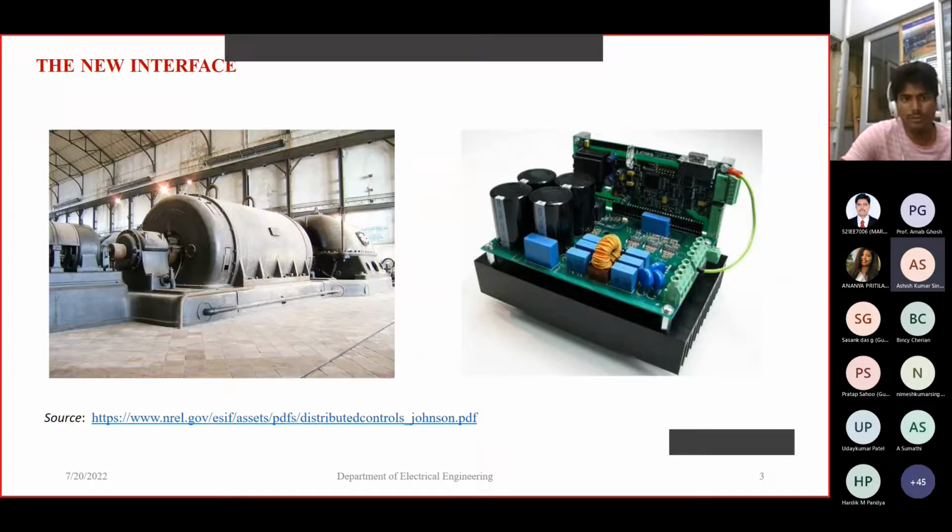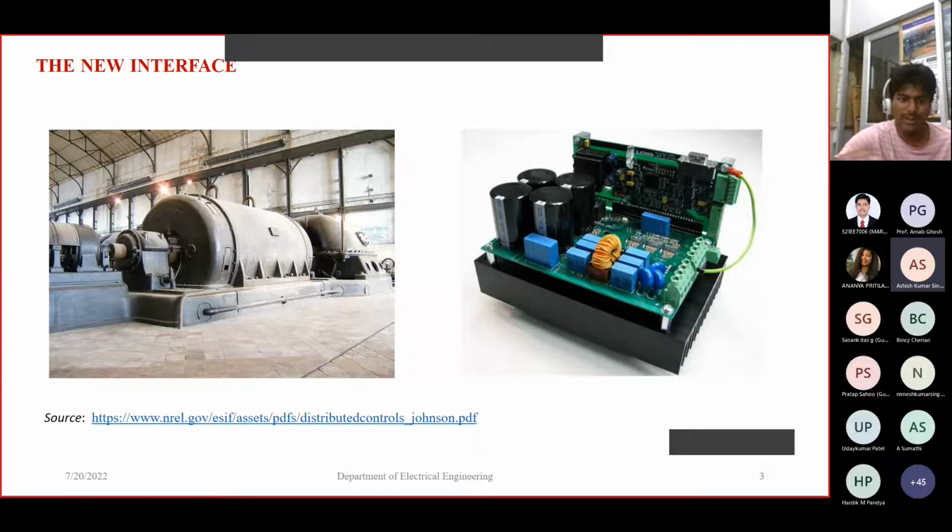Before going to the grid forming inverters, first I will explain the need for grid forming inverters. Now we are using synchronous generators, and all the synchronous generators form a grid. Similarly, researchers are thinking about the futuristic grid, in which we will replace all synchronous generators with voltage source inverters.